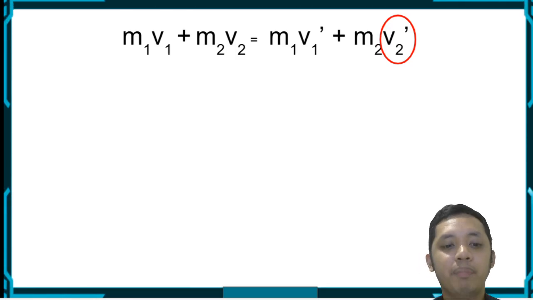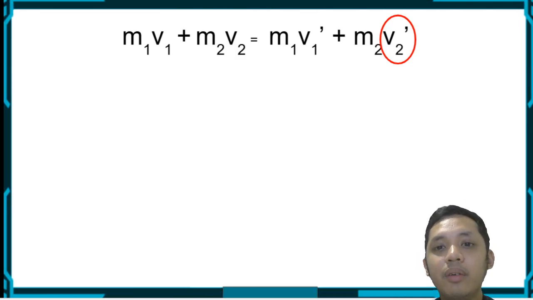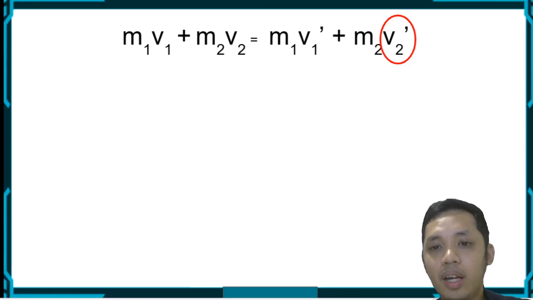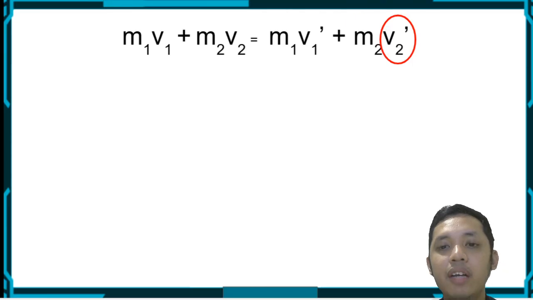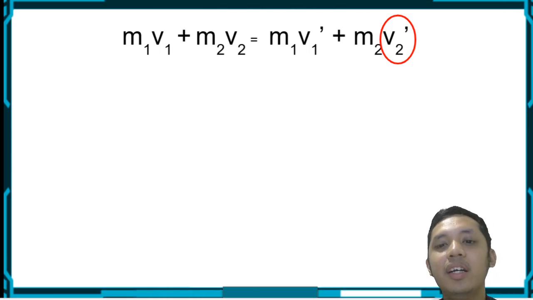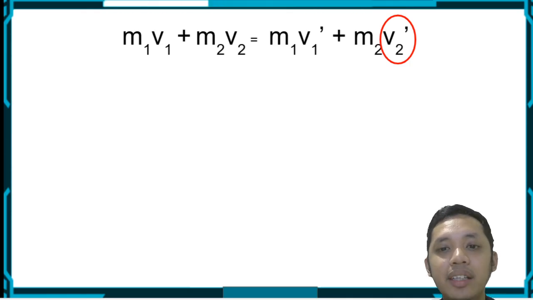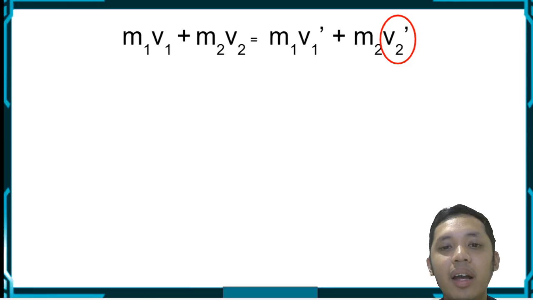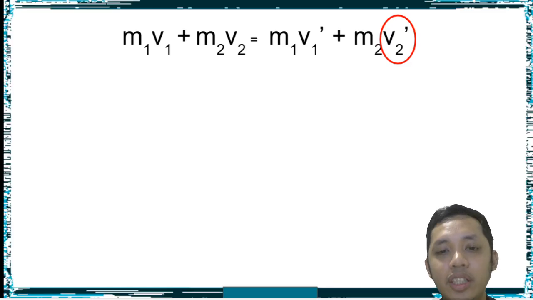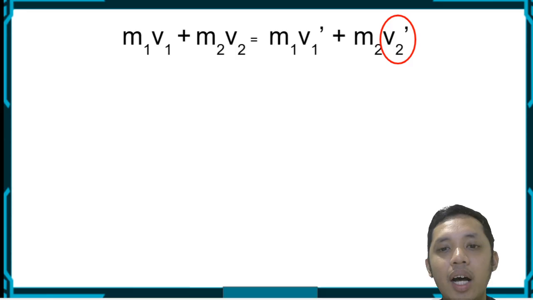So now, to start, to get the variable that we are looking for, it's important for us to know that we have to isolate that variable. Okay? So if we're looking for the velocity of the second object after the collision, we have to isolate this and make sure that m1, v1 change, and m2 are not on this side.